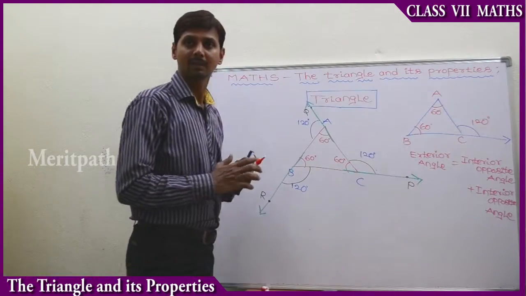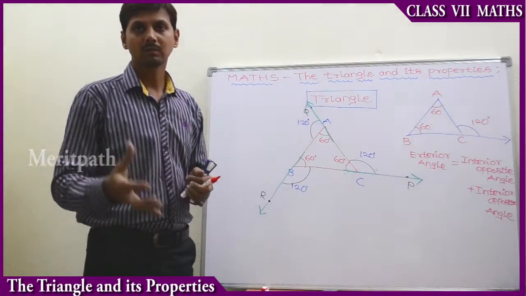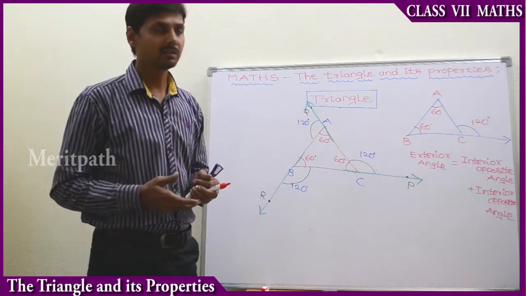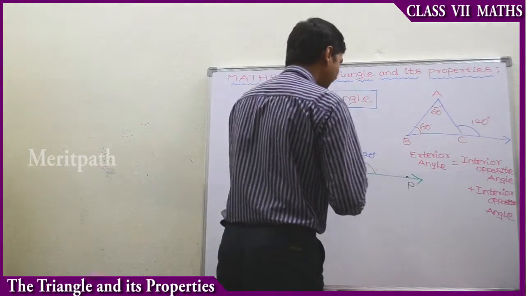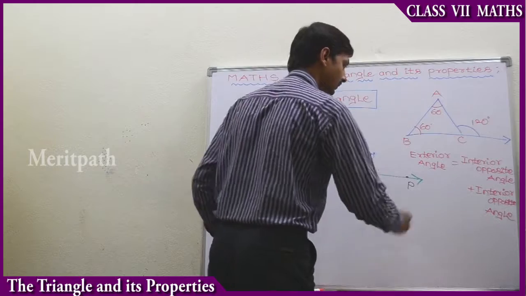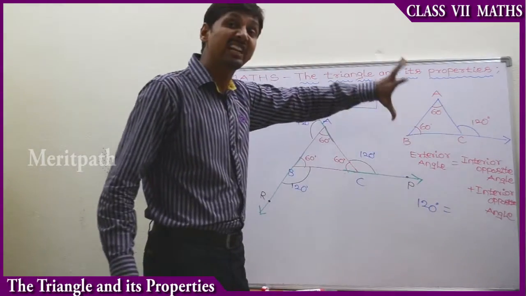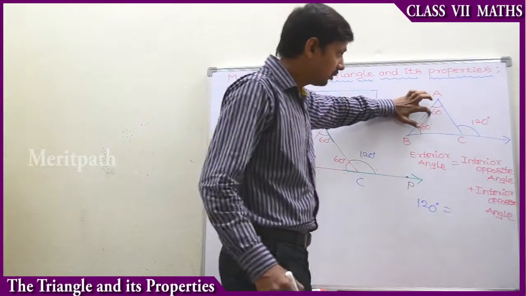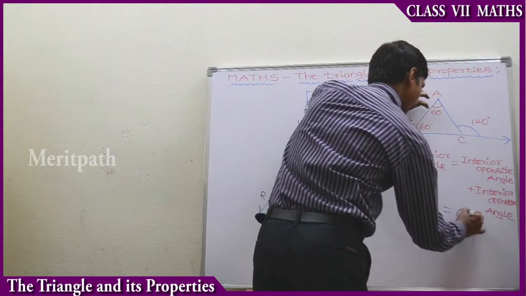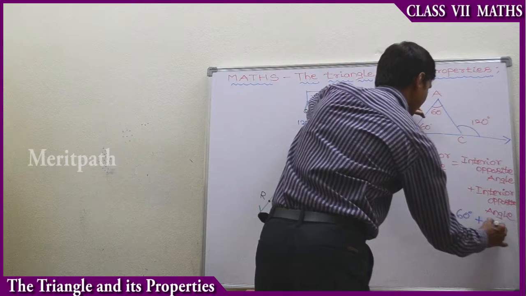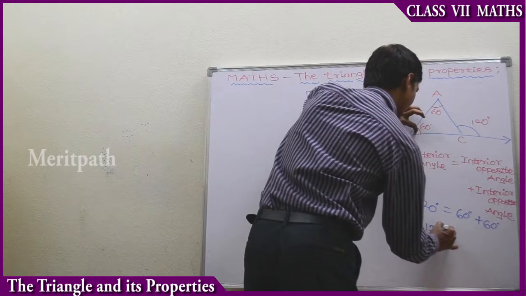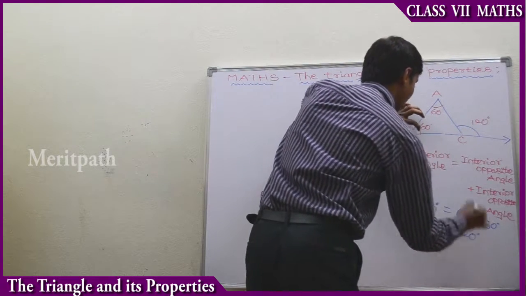By observing this figure we can understand very easily. The exterior angle of the triangle, 120 degrees, is equal to the interior opposite 60 plus the interior opposite 60. So both are equal: 120 degrees equals 120 degrees.